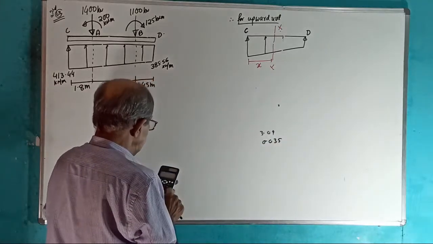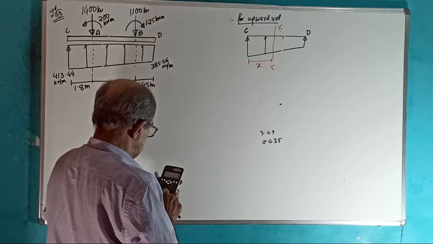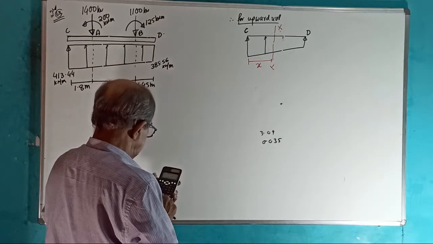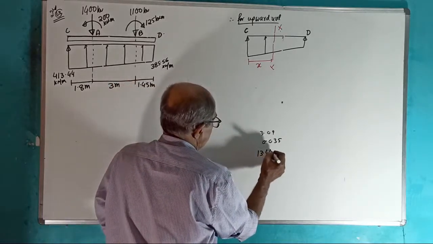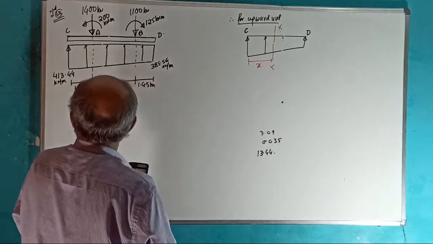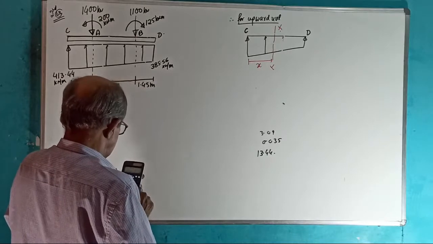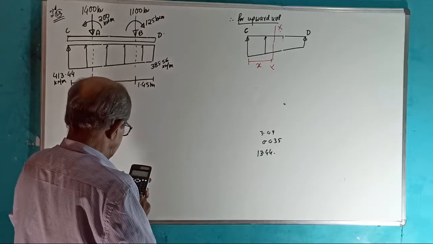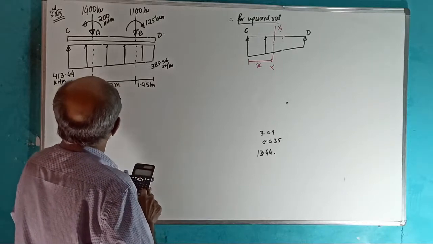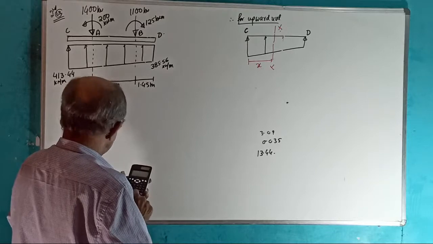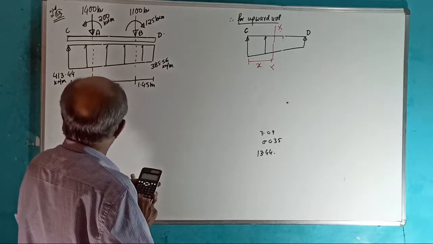With that eccentricity, 6 into 2500 divided by 6.25 square equals 13.44. If it is 13.44, the left side answer is 1400 plus 1100 divided by 6.25 plus 13.44, which is 413.44. Right side answer is 2500 by 6.25 minus 13.44.